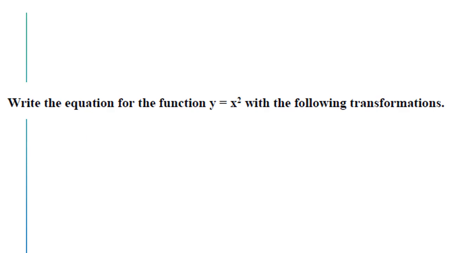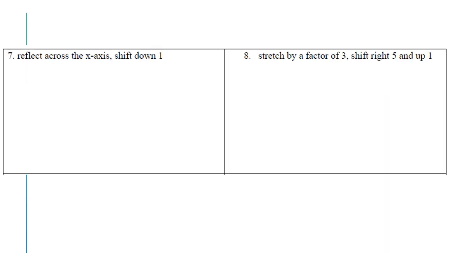On the next few slides, we are going to be doing the final part of transformations. We're going to write the equation for the function y equals x squared with the following transformations, okay? For these, we're going to specifically be using the quadratic function y equals x squared, all right? So here it says I want to reflect across the x-axis, shift down 1. So reflecting across the x-axis means that I'm using a, and then my a has to be a -1.